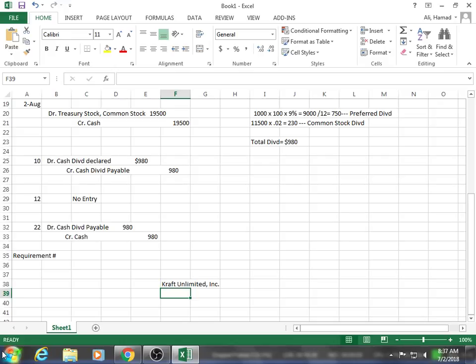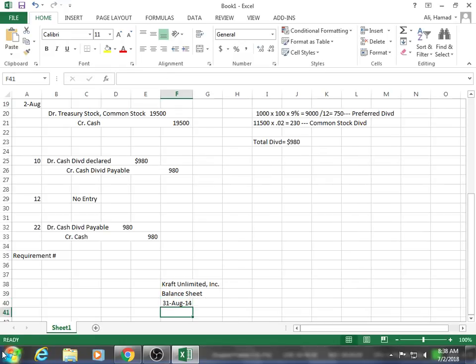We're not preparing the whole balance sheet, only that. So we're going to put balance sheet, and then the date, August 31st, 2014.